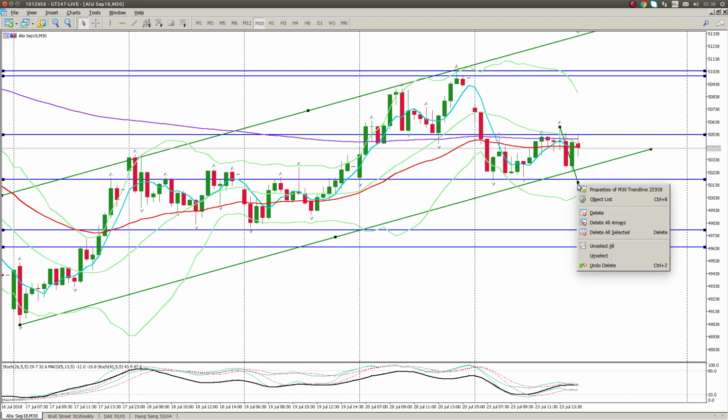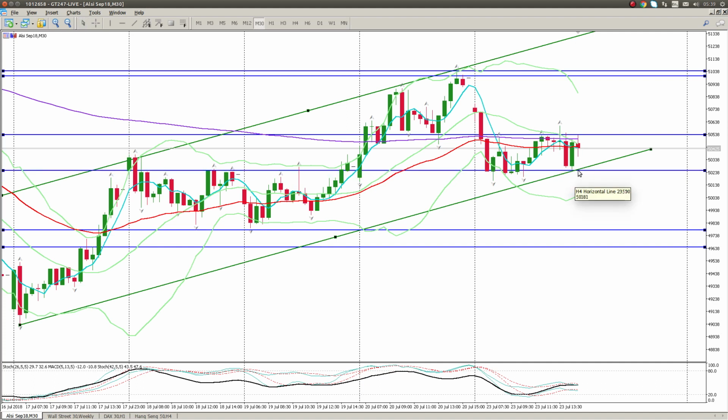We will watch for the breaks. We're looking for a break of 50,250. If we can get a break of 50,250, and that means a close of a 6-minute candle below this level, then we are in short, and we are looking for this zone of 49,780 to 49,640.